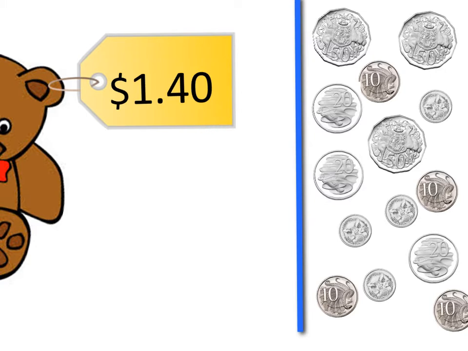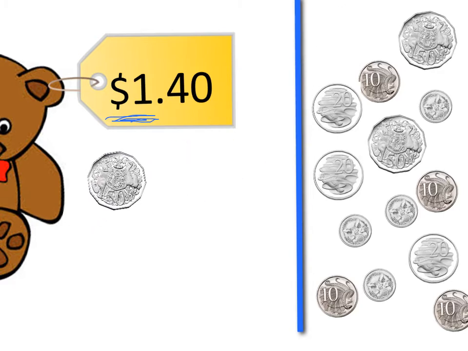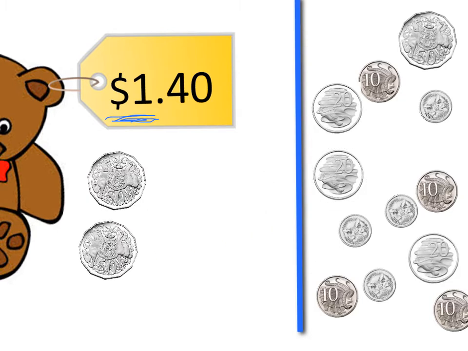Now, when I'm making sure that I have enough money to buy this item, I'm going to look at the dollar amount first. And I'm going to make the dollar amount first with my coins. So one way that I could make $1 is to bring this 50-cent piece over and this 50-cent piece over. And that will make $1.